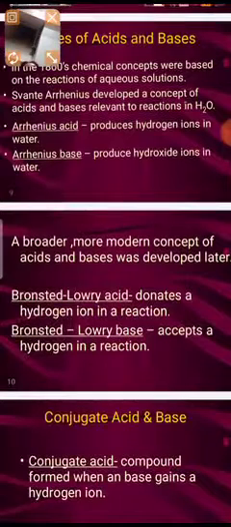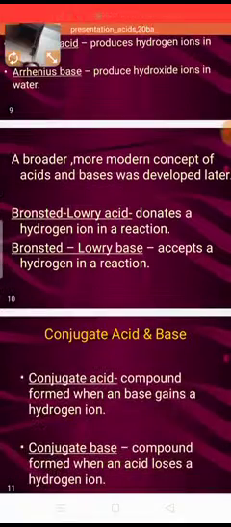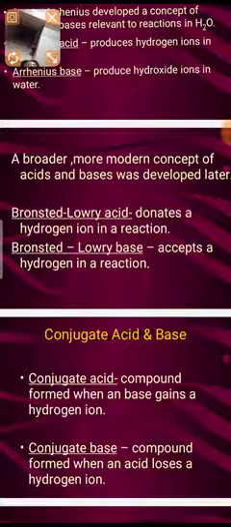The broader, more modern concept of acids and bases was developed later, that is the Bronsted and Lowry concept. The Bronsted-Lowry scientists explained that acids are those which donate a hydrogen ion in a reaction, and bases are those which accept a hydrogen ion in a reaction.